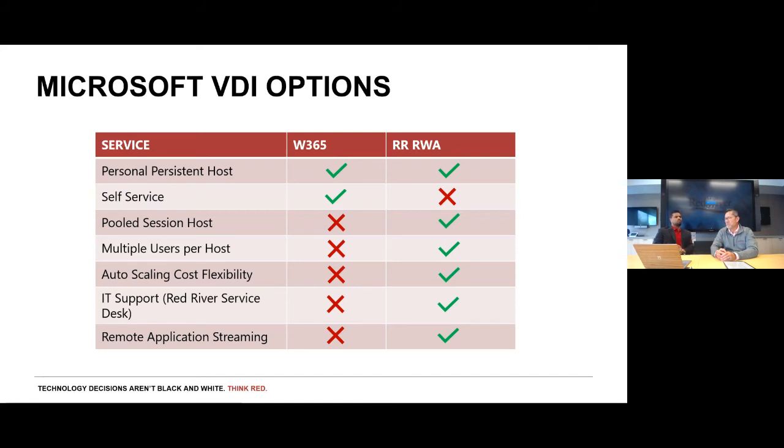So if there was one application, let's say QuickBooks, and users wanted to work from their laptops 100% of the time and only need Azure Virtual Desktop for QuickBooks, we can publish just QuickBooks, and it will launch on their machine and look like it's running locally, even though it's streaming from the cloud.